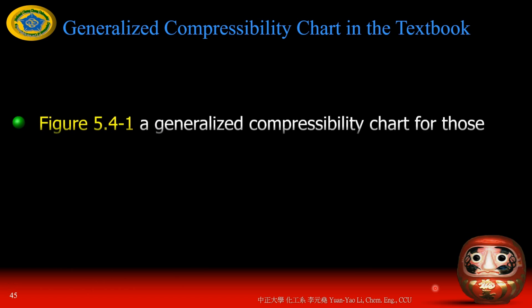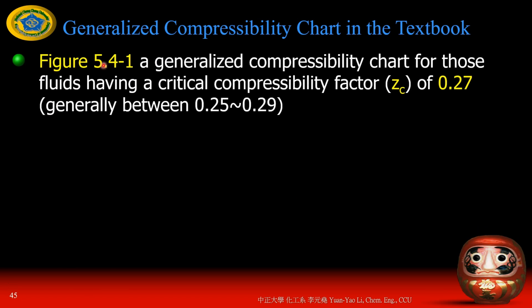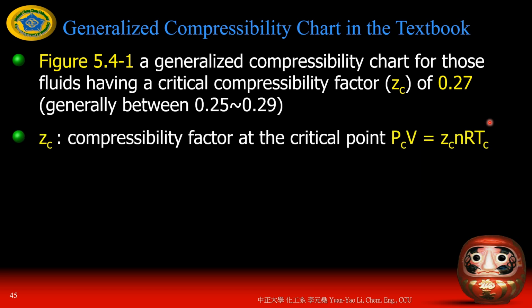So there is some more information about the generalized compressibility chart. Figure 5.4-1 is a generalized compressibility chart for those fluids having a critical compressibility factor ZC of about 0.27, generally between 0.25 and 0.29. But anyway, that is the chart for this condition. You can have a chart for other conditions. ZC is the compressibility factor at critical points.